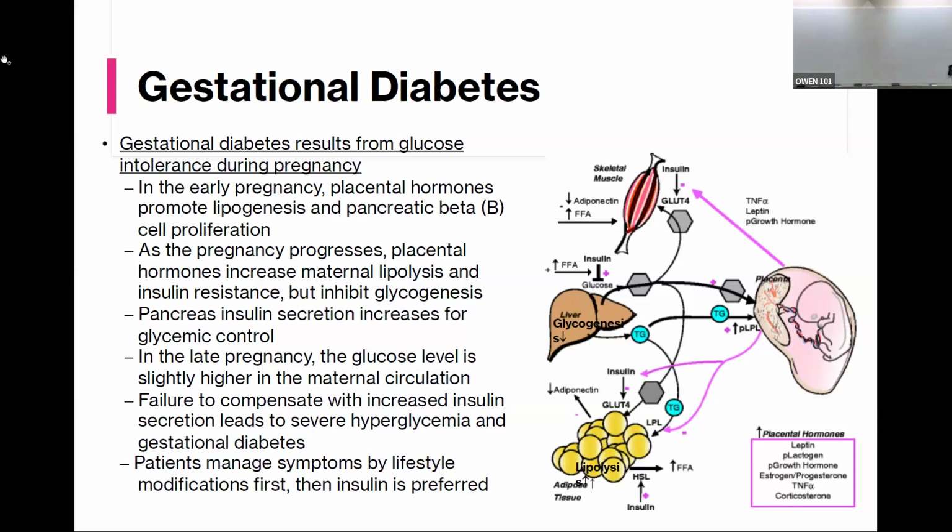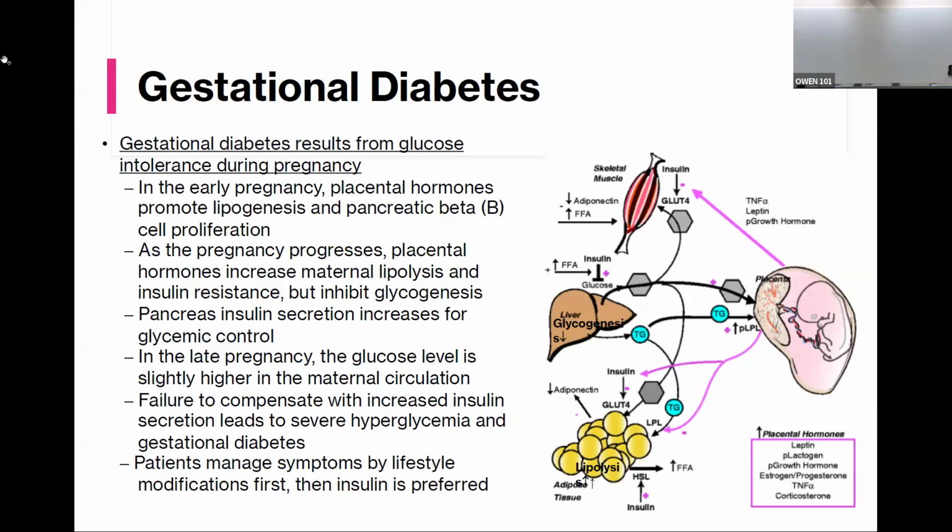Of course, you need more sugar for the baby, and that induces glycogenolysis, but glycogenesis drops because you make less glycogen, but increase production of sugar, all right?